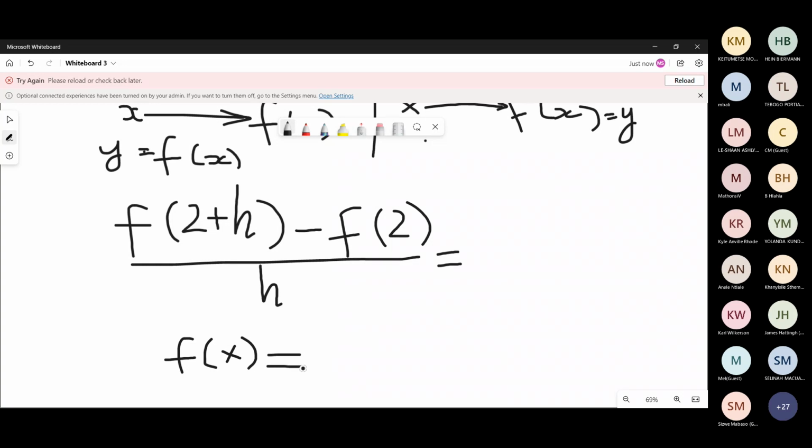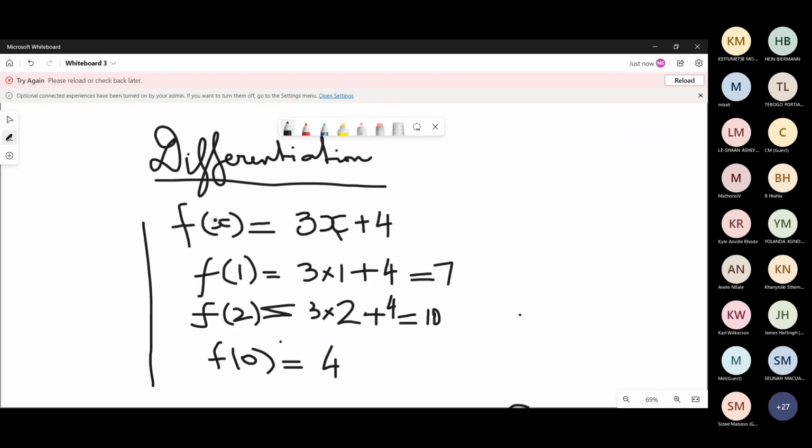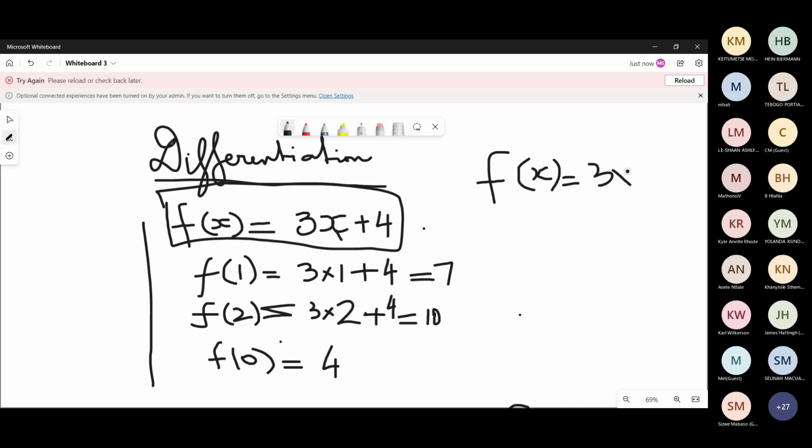F of x is not just y. The value is here: 3x plus 4. This is our example, our model. F of x is given by 3 times x plus 4.